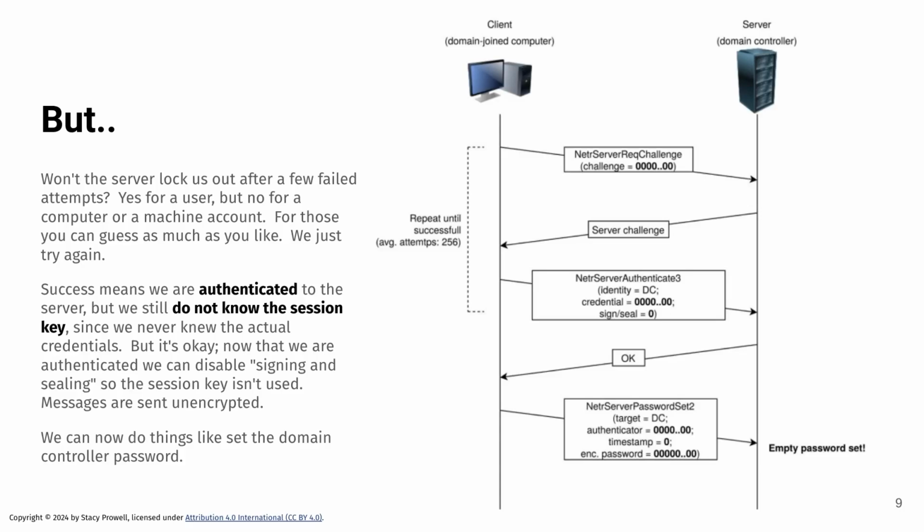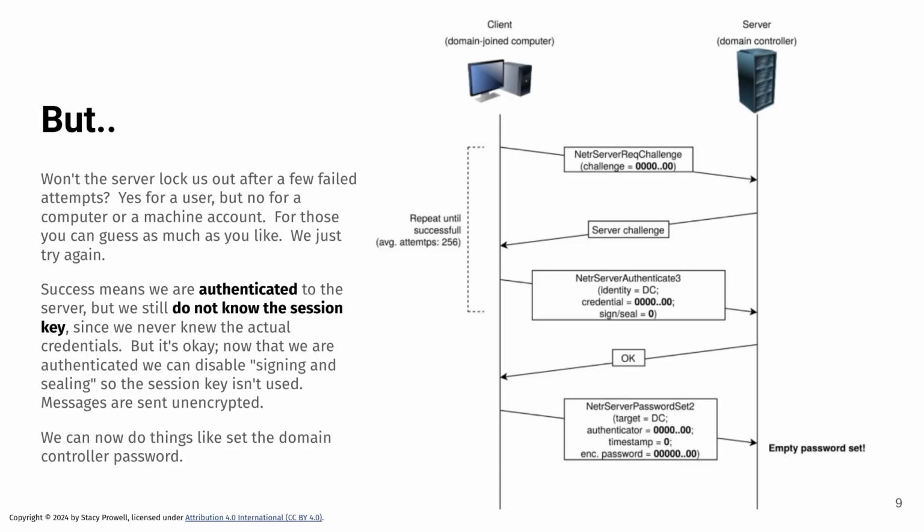The server sent some random challenge. I sent zeros, but the server sent this random challenge, and I monkeyed with the generated key until such time as I could get all zeros, because then I knew the server and I would agree. And at that point, I'd be authenticated. However, I still wouldn't know the session key.